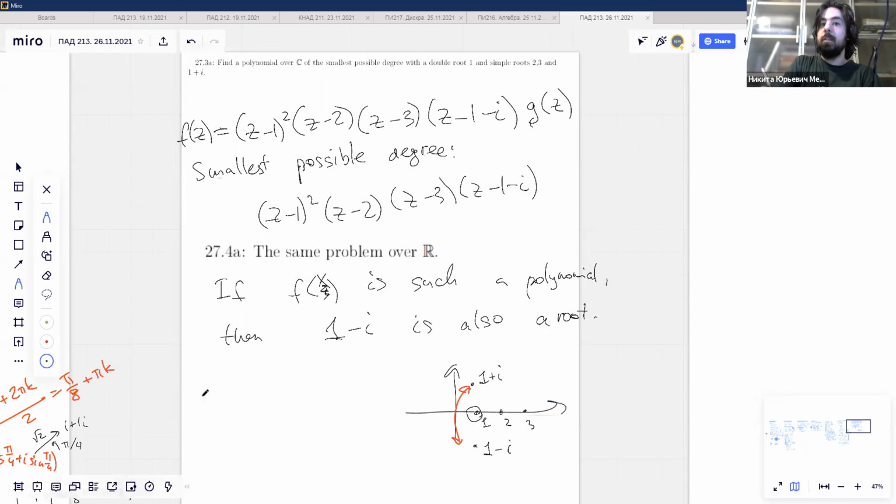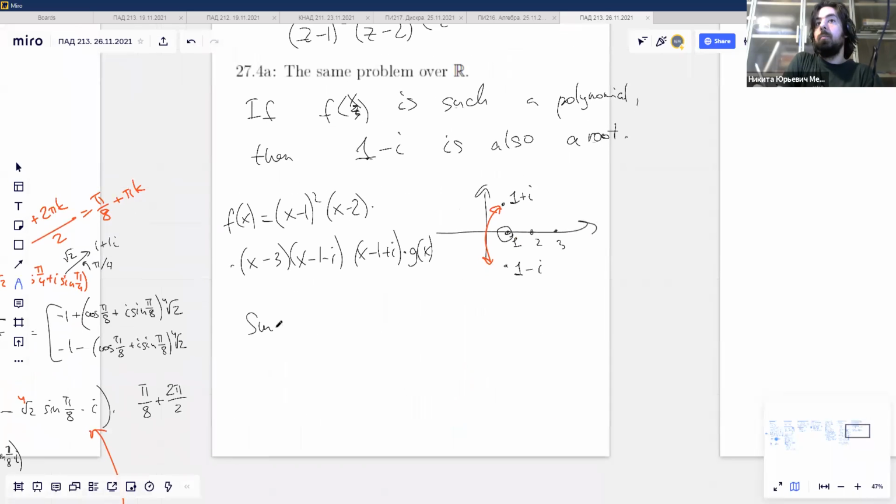So this means that f of x needs to be (x minus 1) squared by (x minus 2) by (x minus 3) by (x minus 1 minus i) by (x minus 1 plus i) by some g of x.